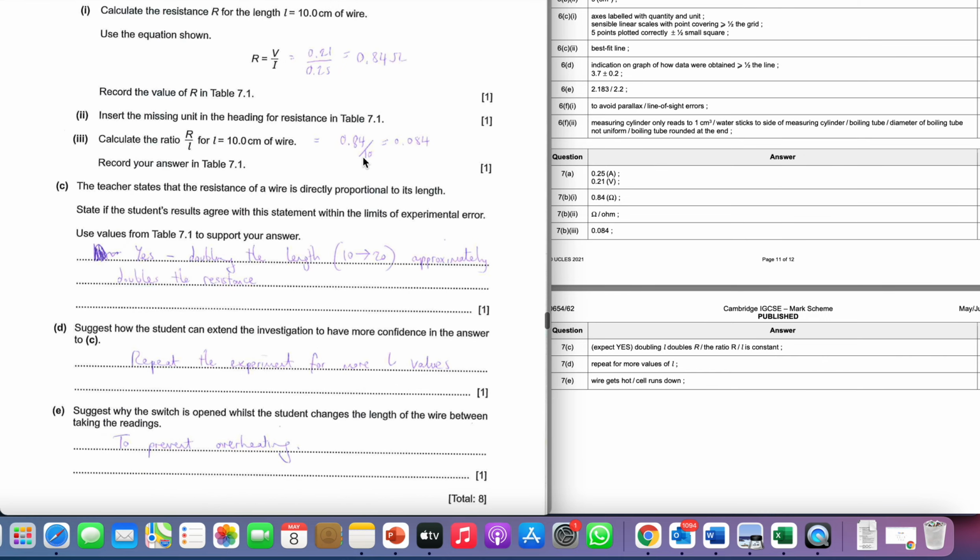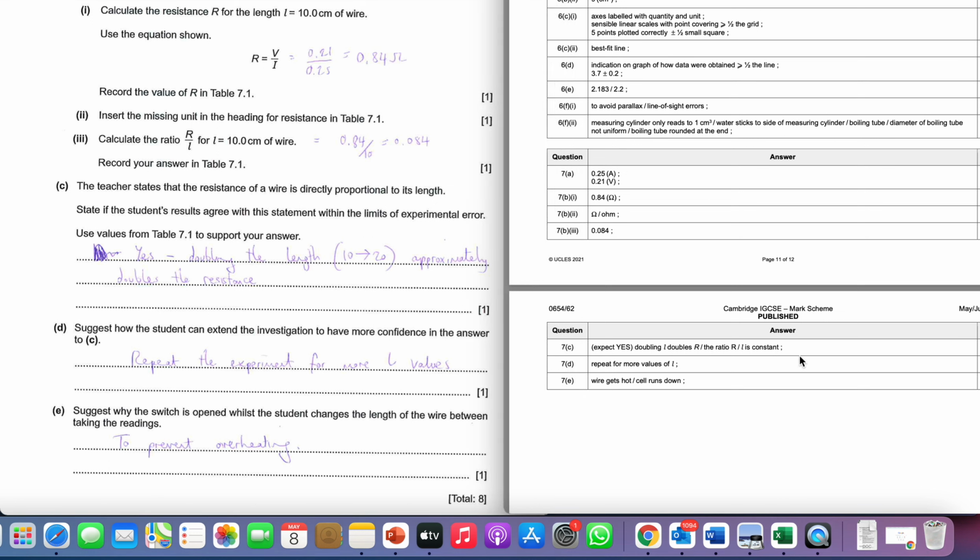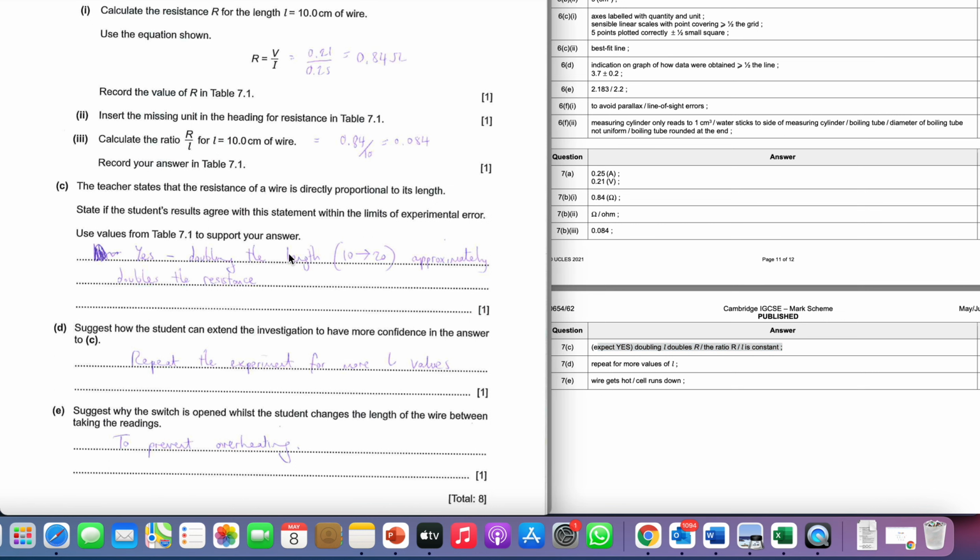If I was taking this question very seriously, I might calculate the percentage difference between what the values should be and what they actually are, and you'll find that the percentage difference is less than 10%, so our values in the table do support the answer. But because this is a one mark question, if we look at the answer scheme, a statement is enough: double the length doubles the resistance.